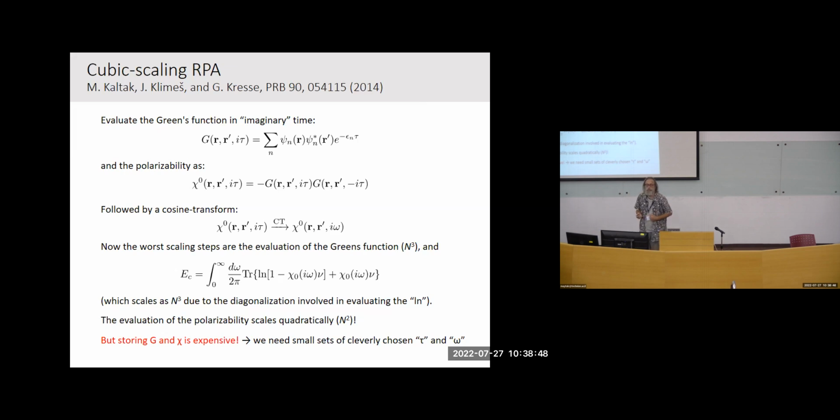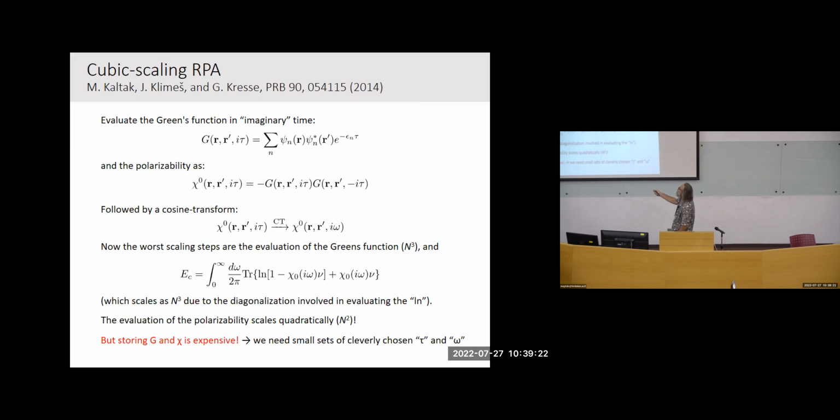That sounds pretty bad already, cubic scaling, but let's not forget that the worst scaling step in density functional theory in most plane wave codes, I would say all plane wave codes, is cubic as well. So the orthonormalization of the orbitals scales cubically as well, with a pretty different prefactor than for RPA, I must say, but still, the underlying scaling is cubic.